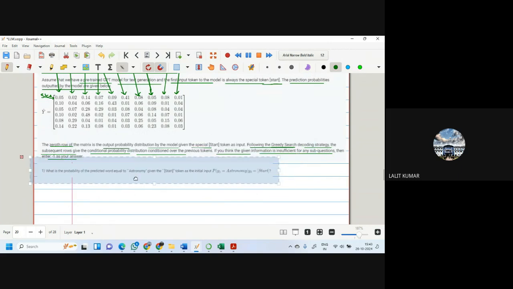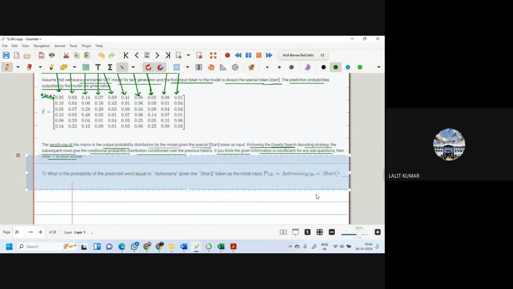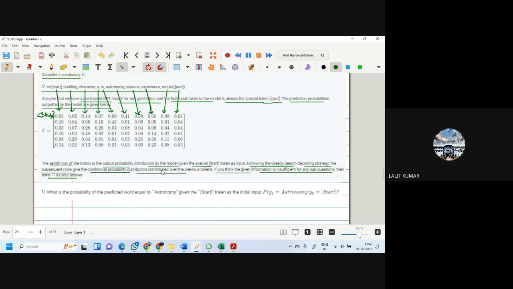What is the probability of the predicted word astronomy given the word start? So we are at this start, and astronomy is 0.41. So the answer will be 0.41.